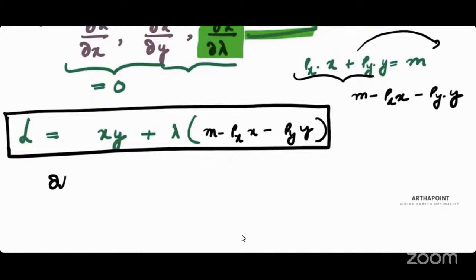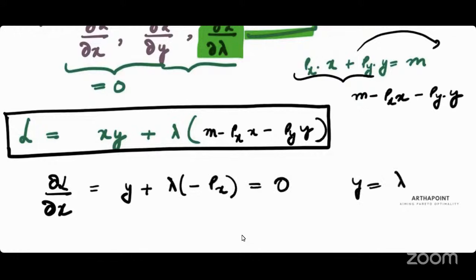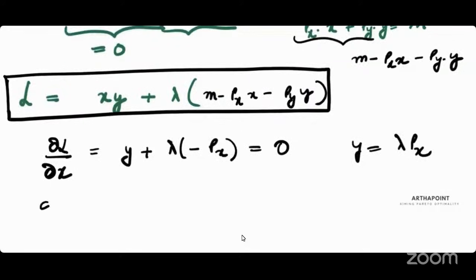You differentiate this Lagrange with respect to x. You will get y plus lambda minus px is equal to 0. So you will get y is equal to lambda px. You differentiate this Lagrange with respect to y.